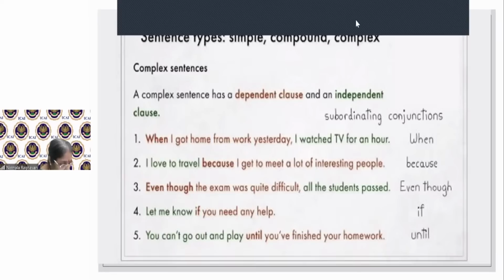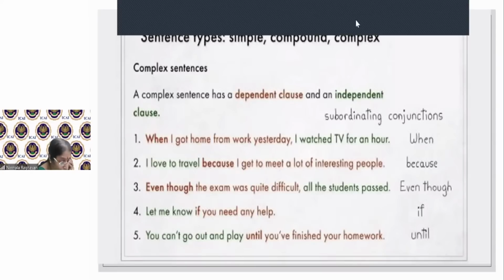Yes, complex sentence has one main clause. If you want to copy these, it will be good, because maybe now you understand, but later you might again get a doubt.